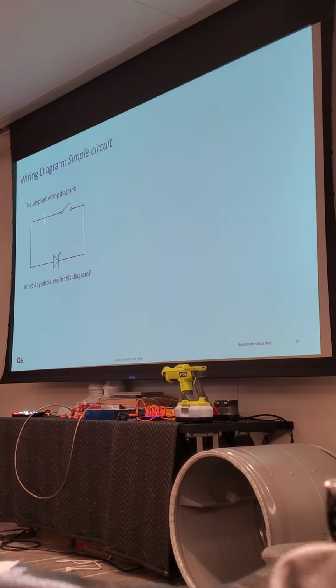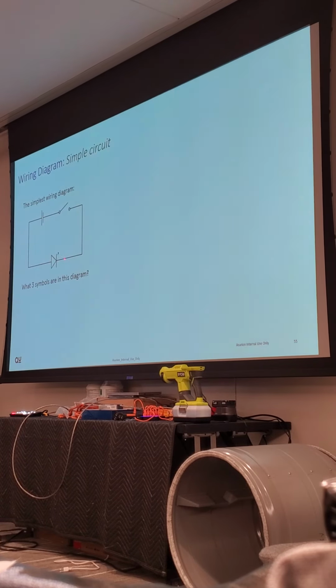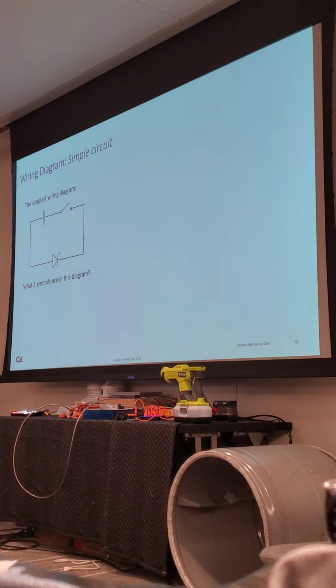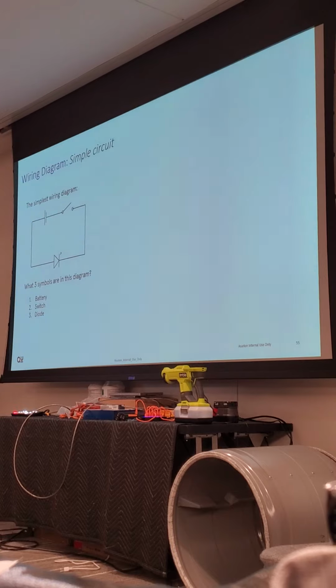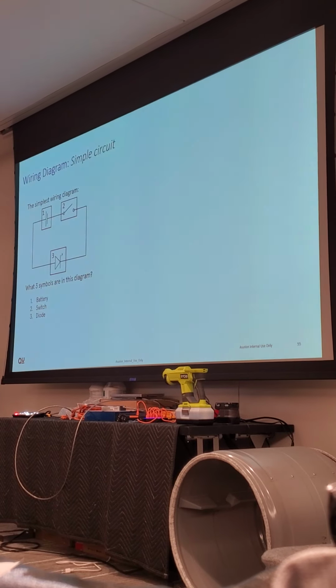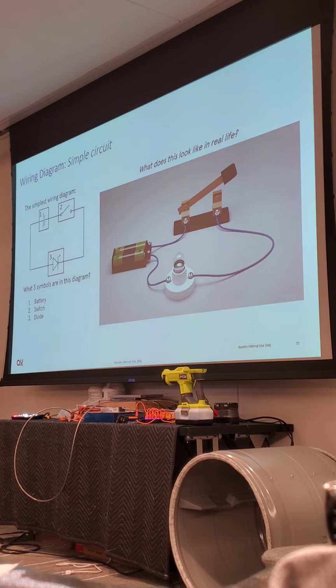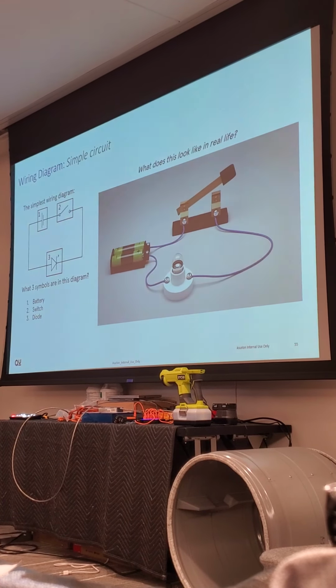Simple diagram. Your power source, your LED, your switch. So battery, switch, diode. 1, 2, 3. Just like that. There's your battery, switch, and your LED, your diode.